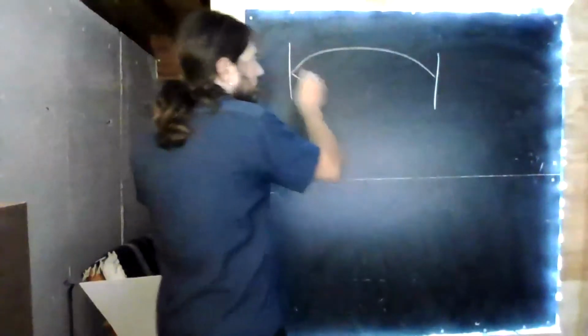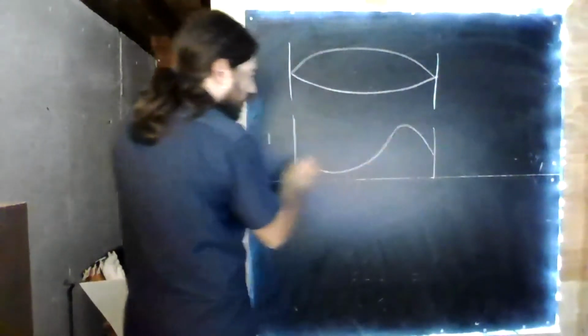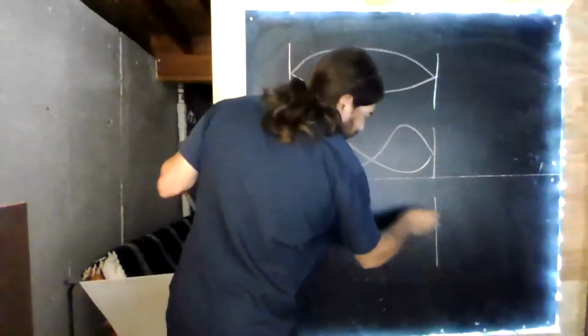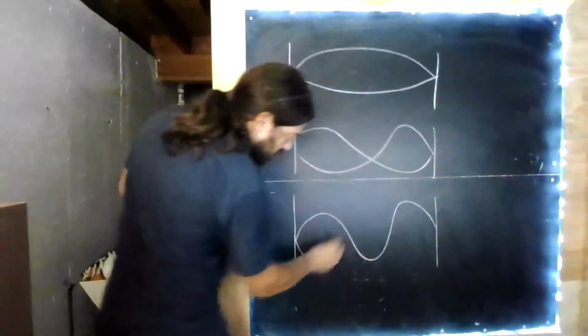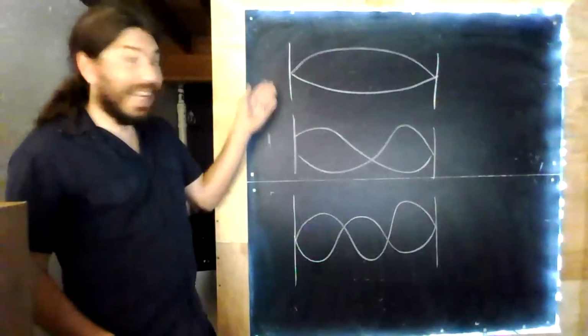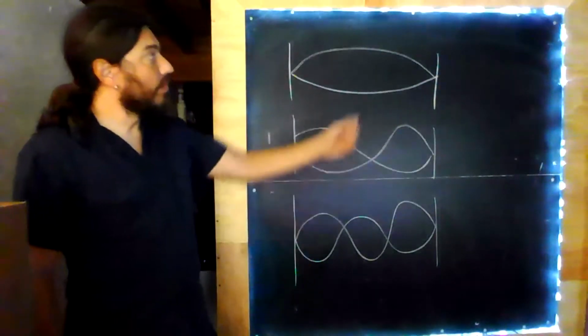In this particular picture, I've shown the 3 lumper, but it doesn't have to be the 3 lumper. We could get the 1 lumper, the 2 lumper, or the 3 lumper. We could get any of these standing waves, and moving on, we could get more, right?